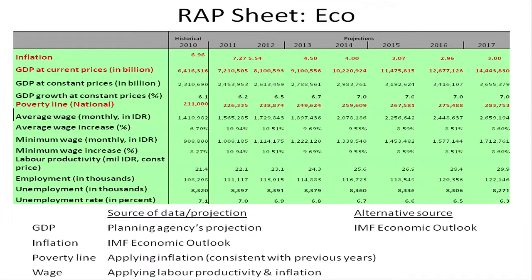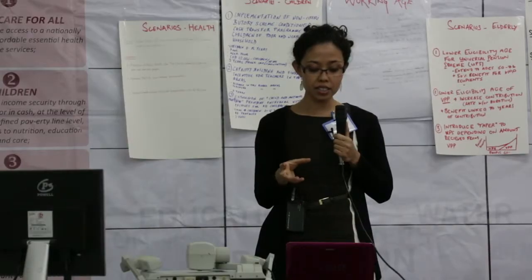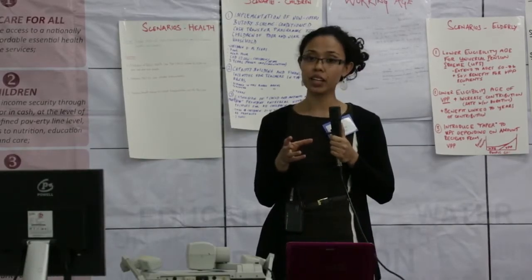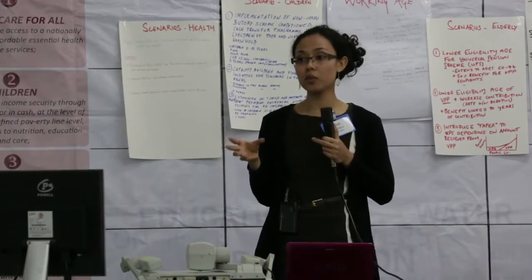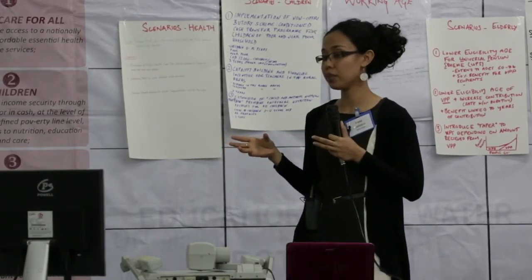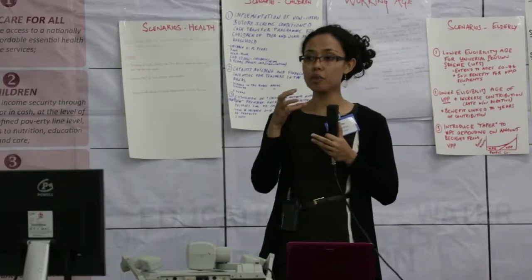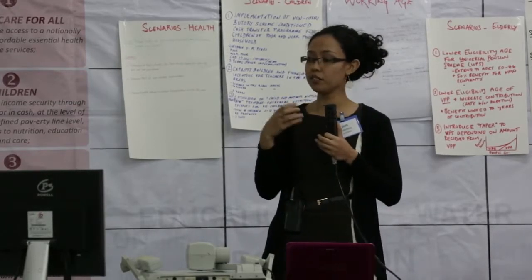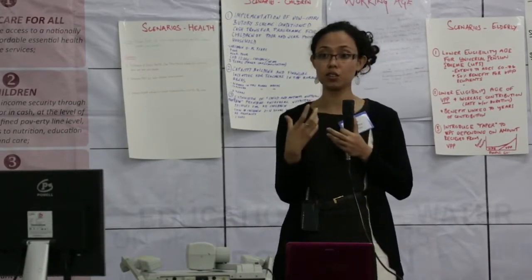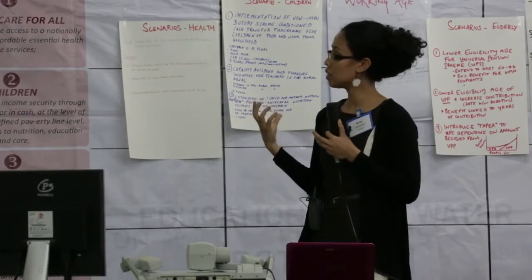To give you an idea of the sources of data and alternative sources of data, for GDP, for instance, the planning agency has a projection. The IMF economic outlook has also a projection of GDP. In the beginning, I used the one from IMF, but then I found out that the planning agency has also recently done this projection.